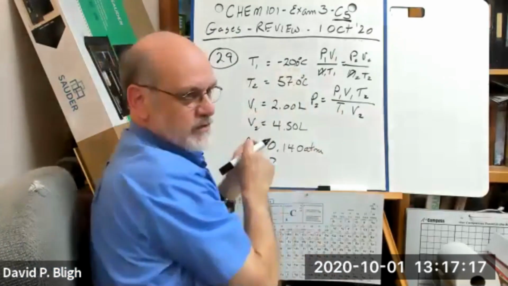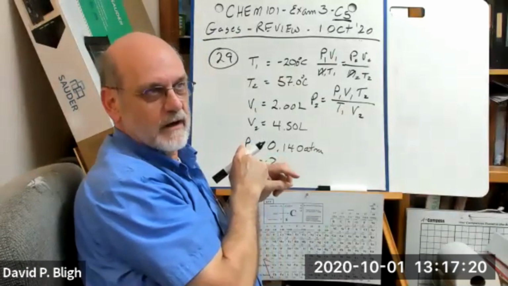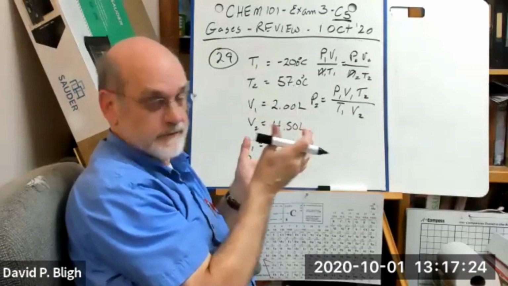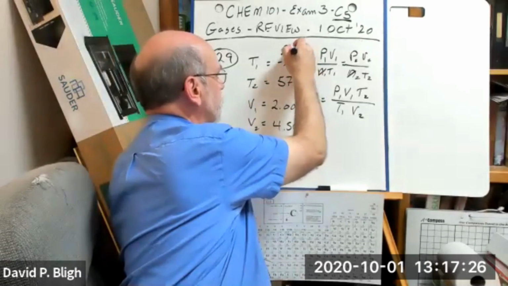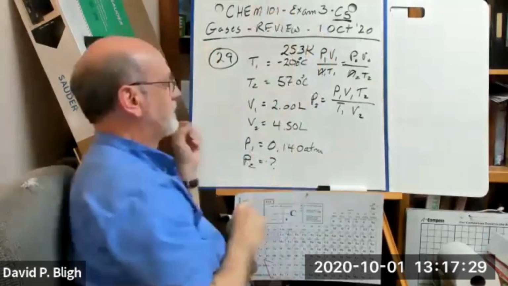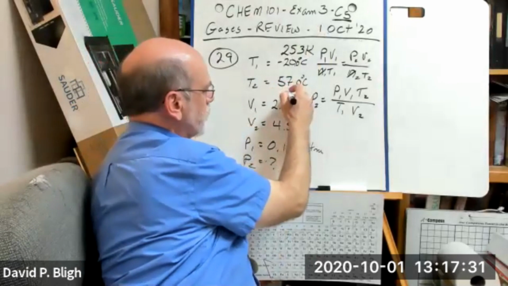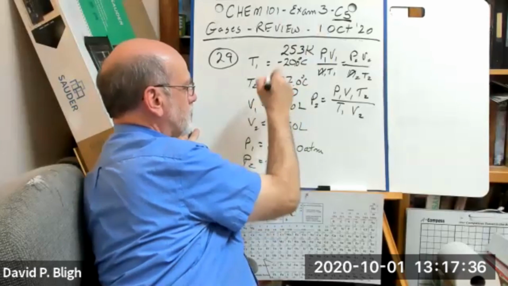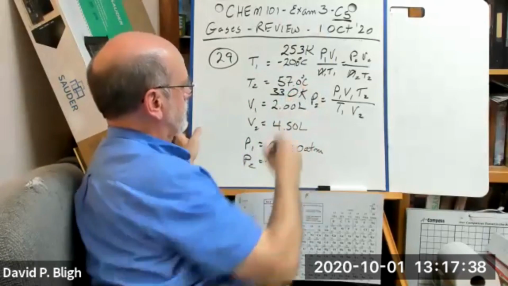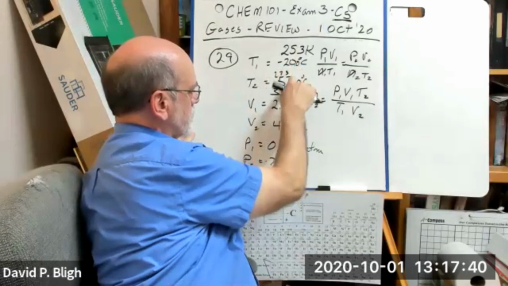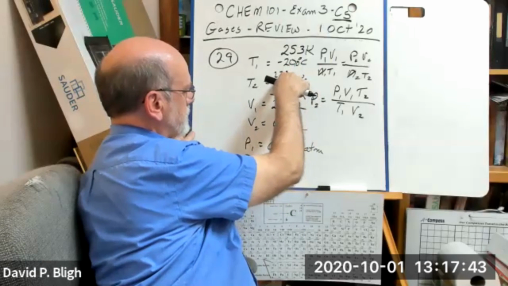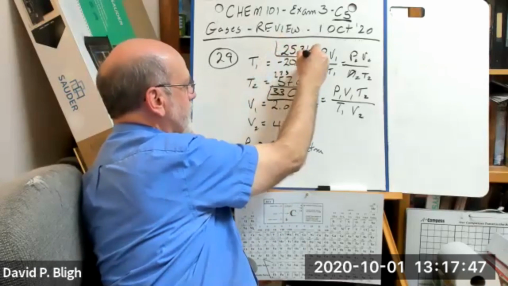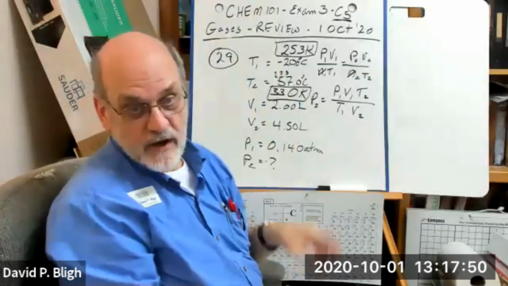So what's that temperature in Kelvin? Well, 273 minus 20 would be 253, right? 253 Kelvin. And 273 plus 57 would be, see if I can do it in my head, 330. So those are the values that you have to put in for temperature.